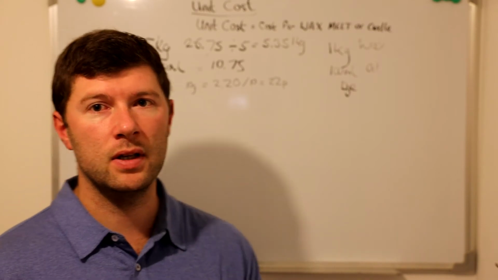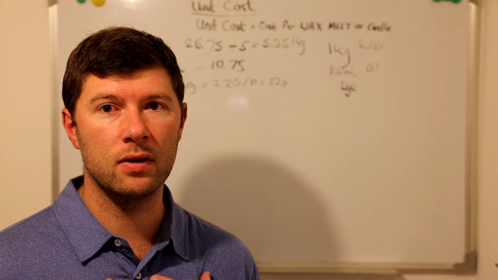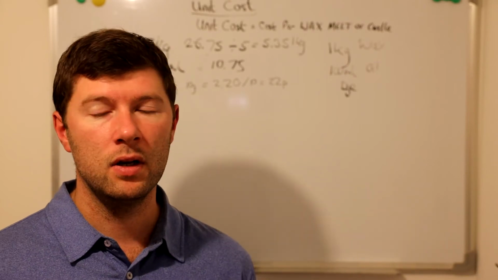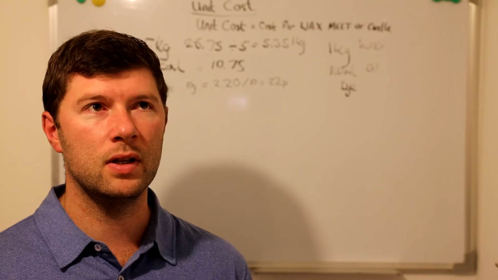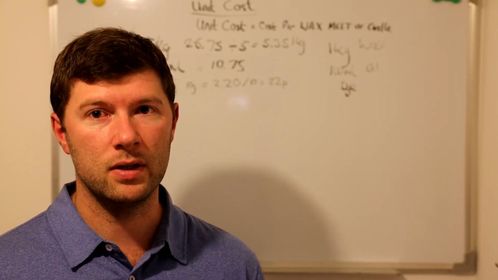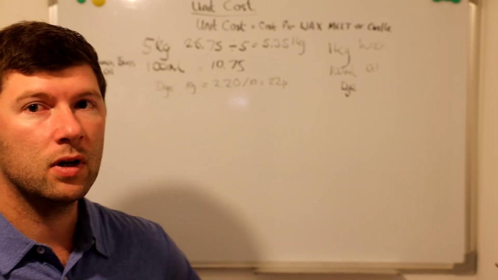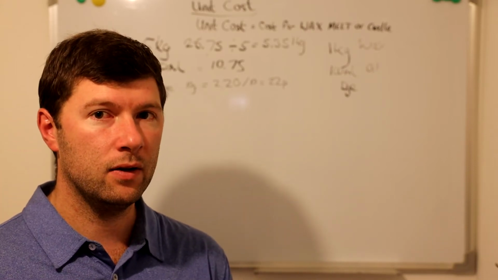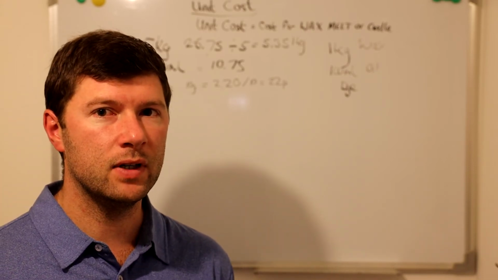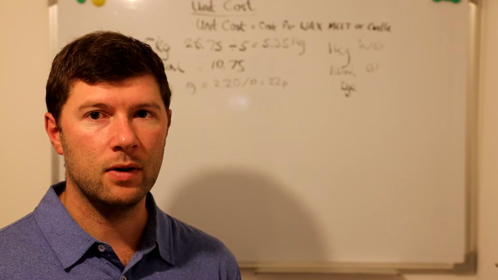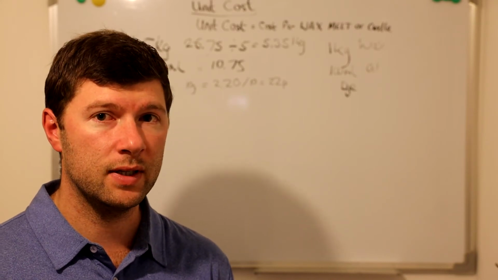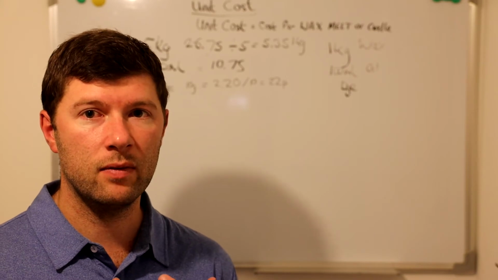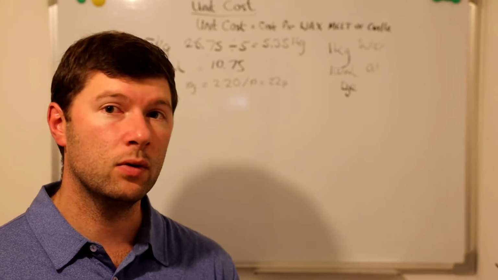I'm not going to use my own costings because I buy in big bulk, so my costings will be a lot lower than the average person's costings. So I'm going to go off buying 5 kilos of wax, which is an average amount to buy, and a 100 ml bottle. Now not all the fragrance oils are the same. I'm going to get the costings from my website, so then they're real costings.